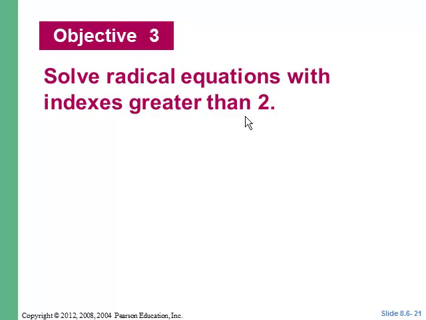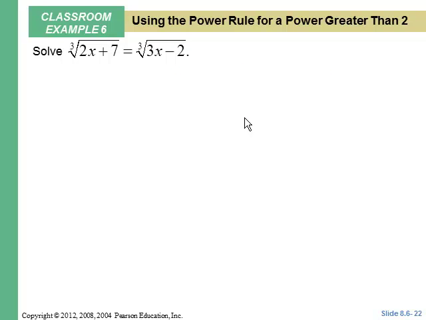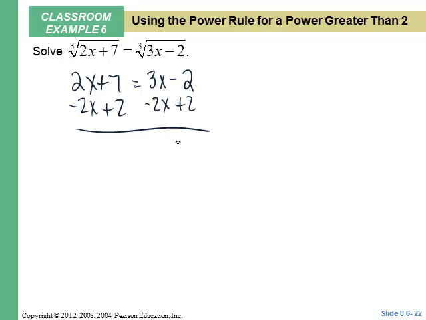All right, if you have indices that are greater than 2, all you have to do is just cube both sides, so you'll get 2x plus 7 equals 3x minus 2. Subtract 2x from both sides, add 2 to both sides. You get x equals 9.